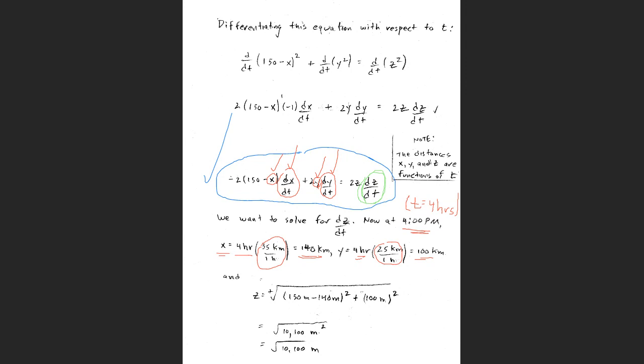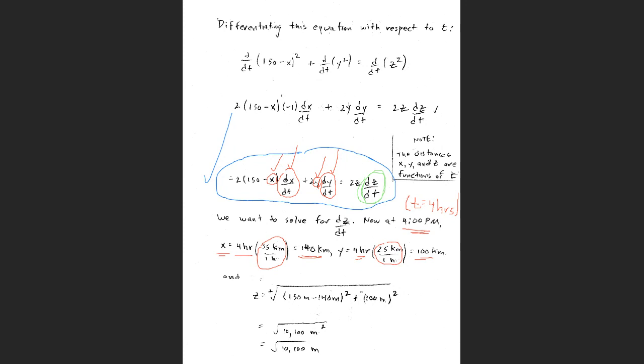We can do that because, remember, by the right triangle, the quantity (150 minus x) squared plus y squared equals z squared.